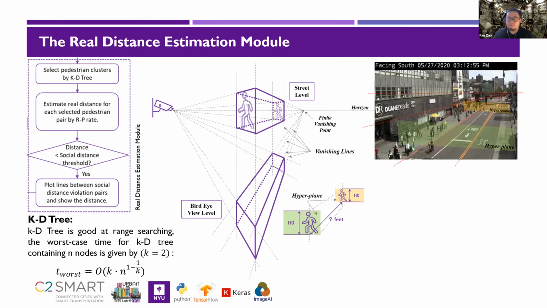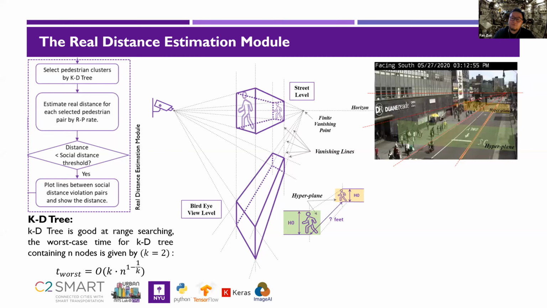Because of the perspective effect, the number of pixels in the image corresponding to the same real-world length can vary on different hyperplanes. In other words, each hyperplane will have a specific real-to-pixel distance rate, or we can call it RP rate.